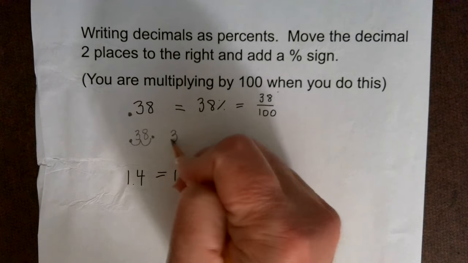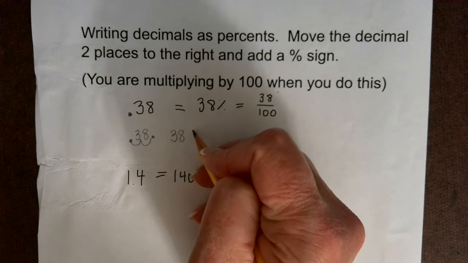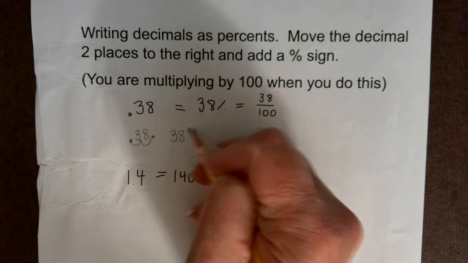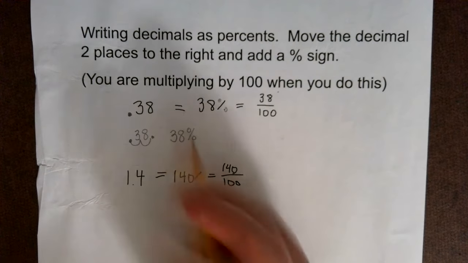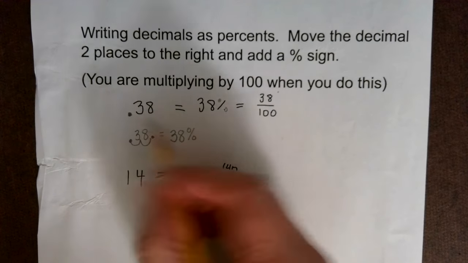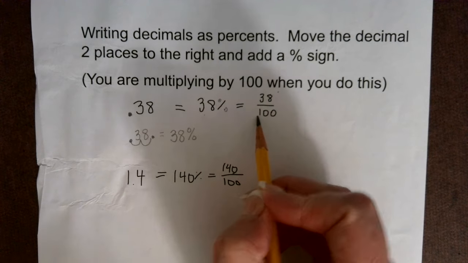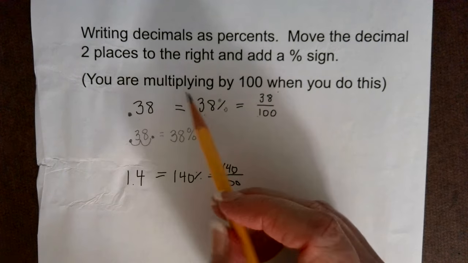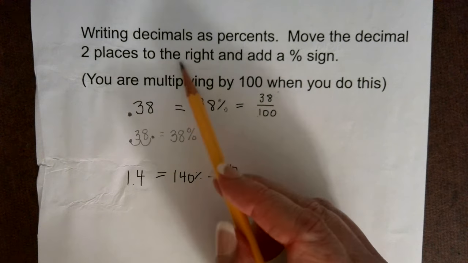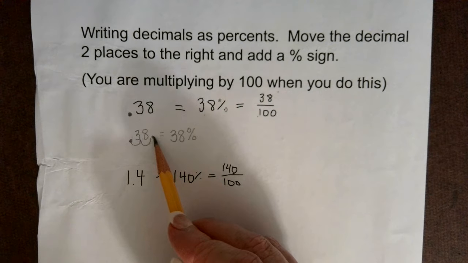Now I have 38, and we usually don't write the decimal point there. Then I add a percent sign, and so we've got 38%. Those two things are equal: 38 hundredths, 38%, and as a fraction, that would mean 38 out of 100. And when you move the decimal point 2 places to the right, it's like you're multiplying by 100.